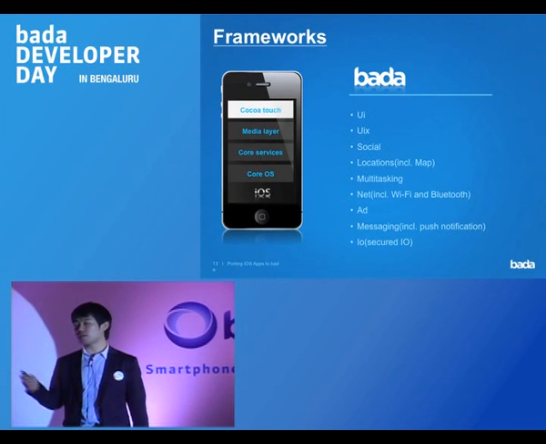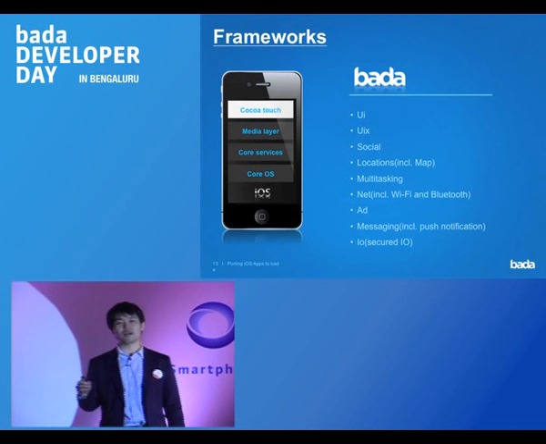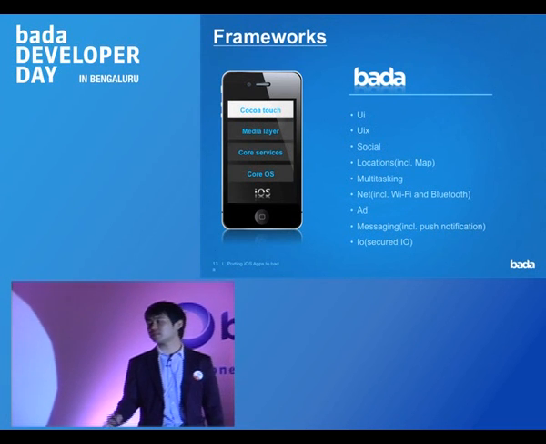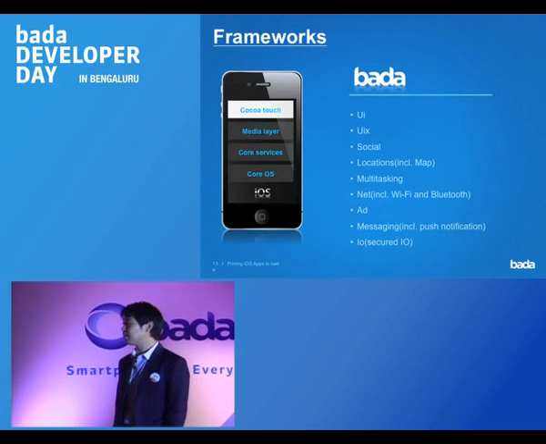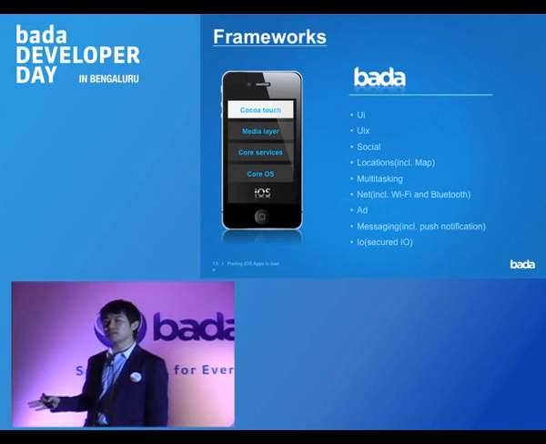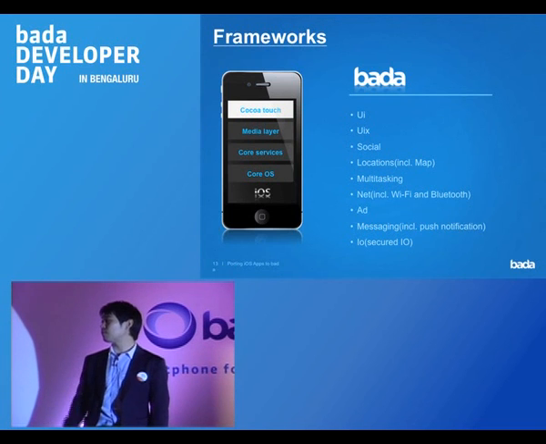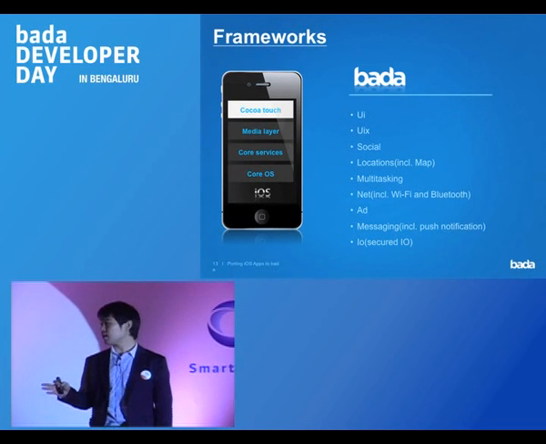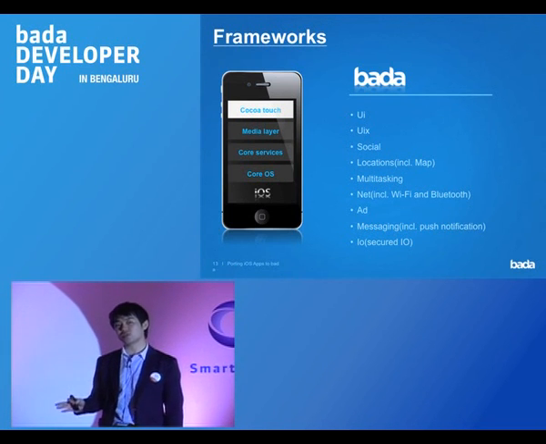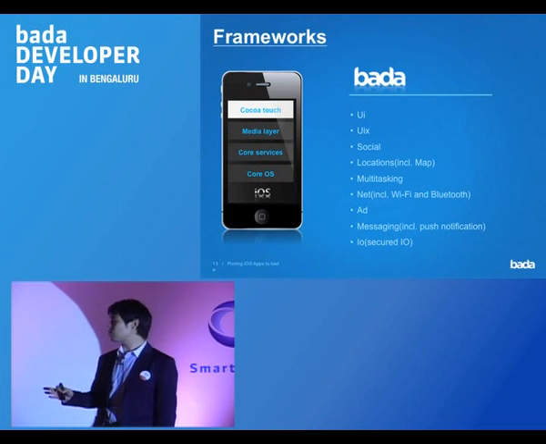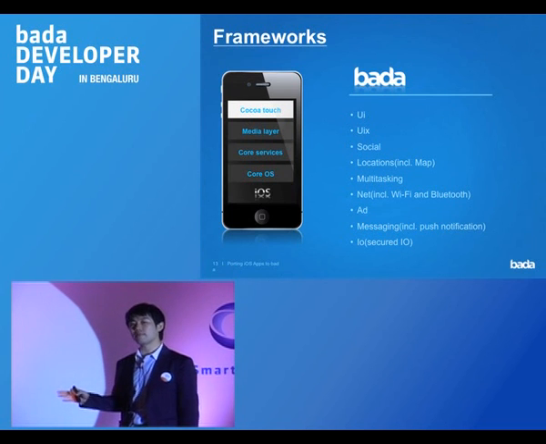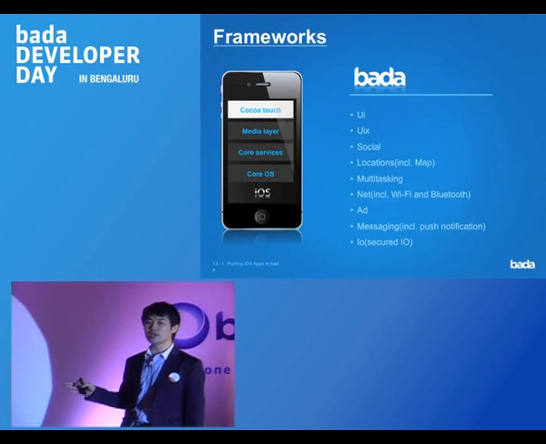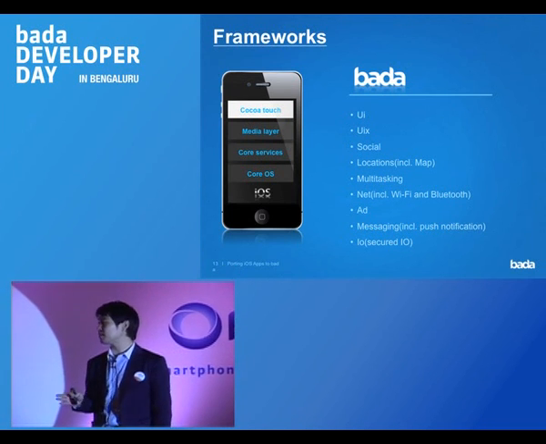The last is Cocoa Touch, which, as you can tell from the name, mostly covers the user experience, UX side. bada has namespaces that cover these frameworks. The UI extension I already introduced in the morning session, and social functionality and the location namespace including map. Actually, you can use the map with our location namespace.